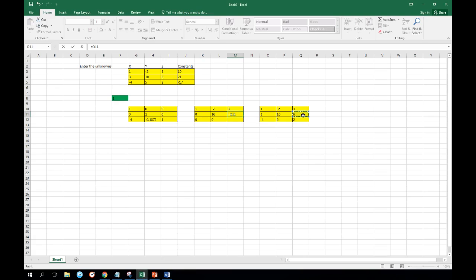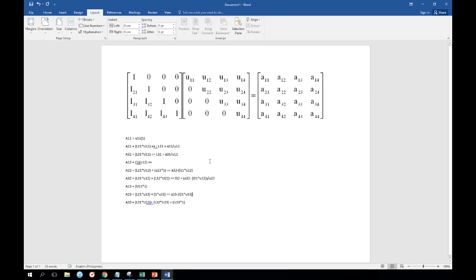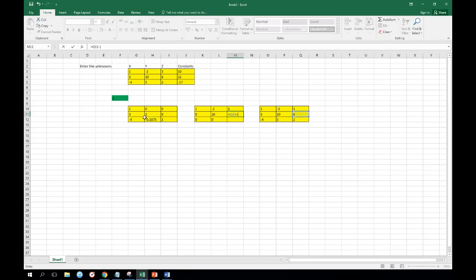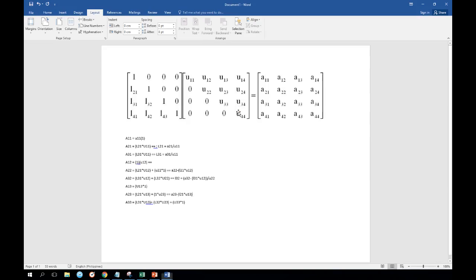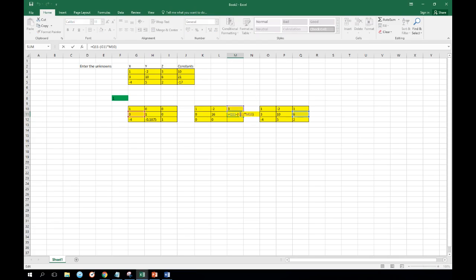So that is 6 minus the product of L21, which is this one, and U13, this one. So that's L21 times U13.